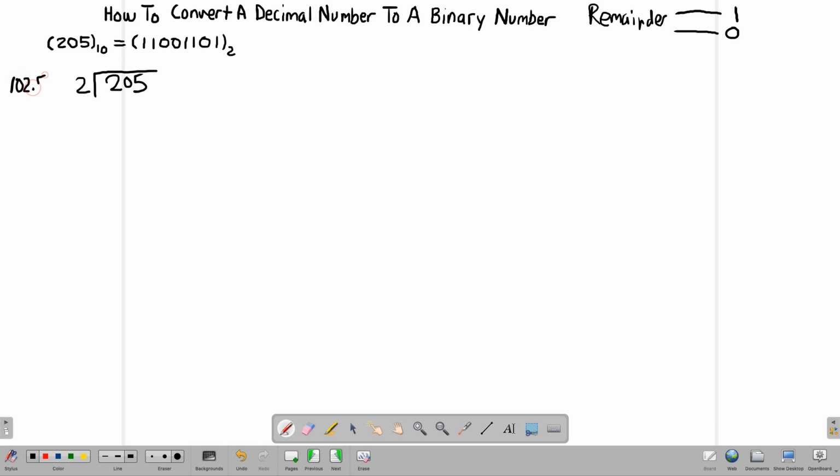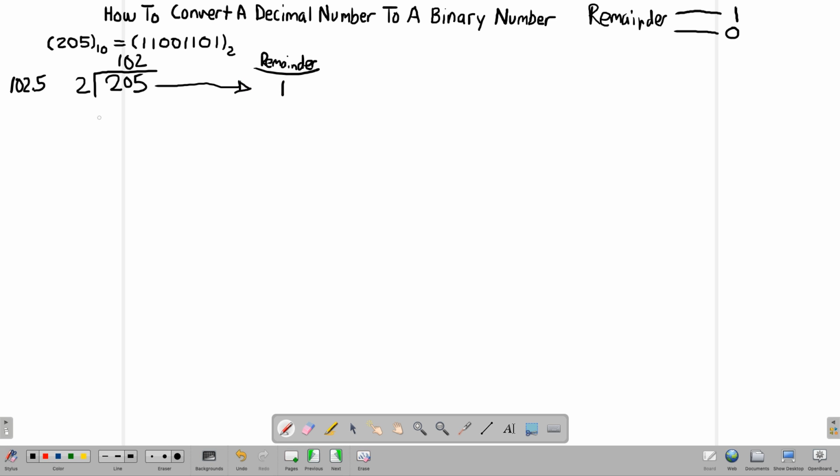And just because we have a decimal point, that says that we have a remainder. So let's make a note up here. We keep track of the remainder. 2 goes into 205 102.5 times, but we keep the integer portion right here. And then we said that if we have a remainder, then it's going to be a value of 1.